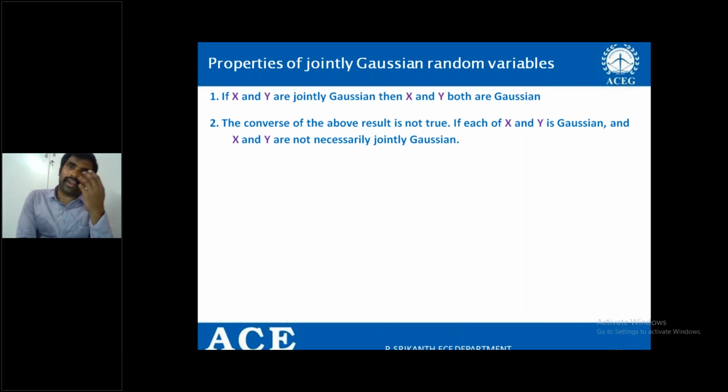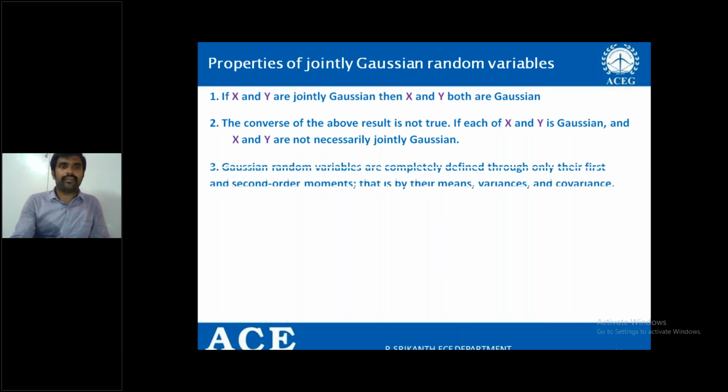That is, if the random variables are jointly Gaussian, their individual density functions are ultimately Gaussian. But if the two individual random variables are Gaussian, their joint density function need not be jointly Gaussian, right? And Gaussian random variables are completely defined through only their first and second order moments.